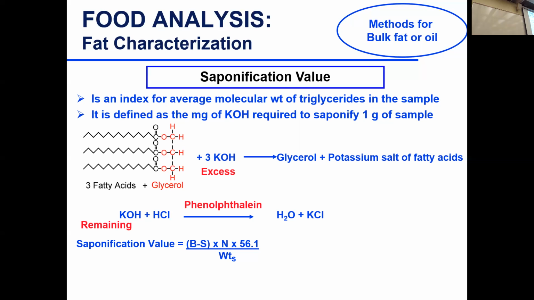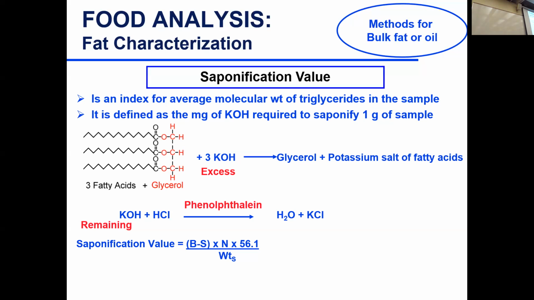Now the sample, depending on how long your fatty acid is, reacts with the KOH that you have here in a certain amount of sample that you weigh. In 1 gram of sample, how many moles of the triglycerides will you have? The number of moles of triglyceride will be dependent on its molecular weight.